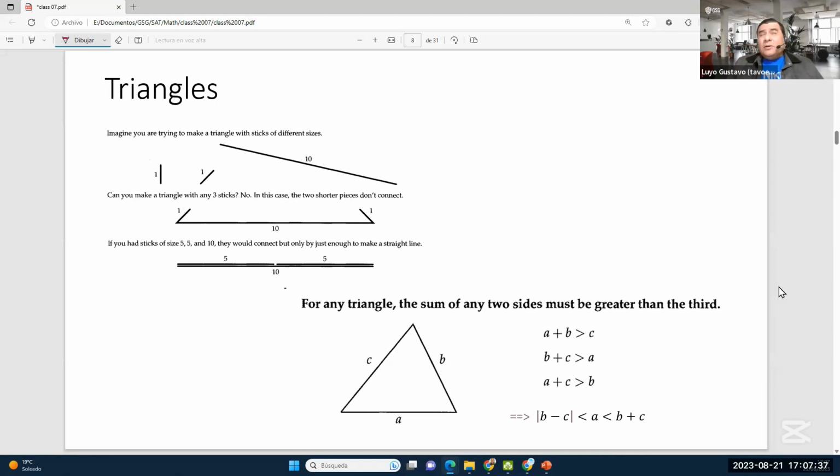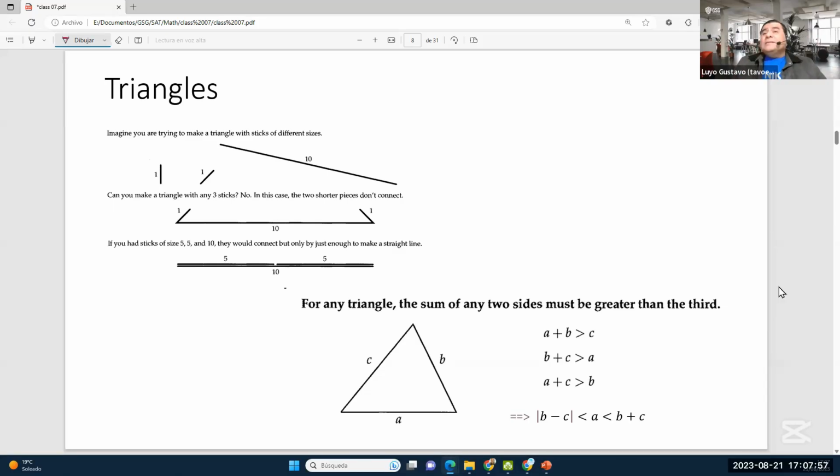You may consider that a triangle can have an arbitrary form and measure for the sides, but that is not completely true. You cannot just make a triangle with any three line segments whatsoever.